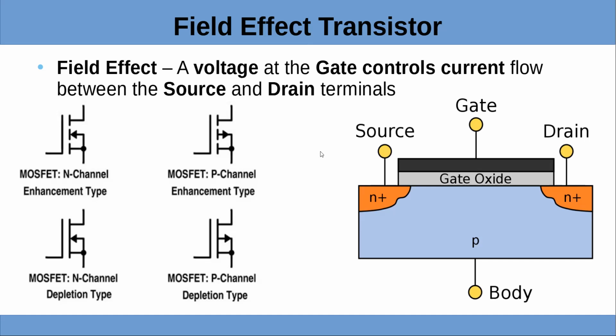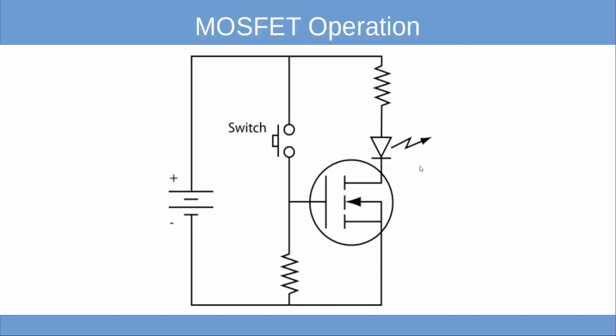At least not for a technician. This is just showing a simple operation of a MOSFET as a switch. So if we apply a positive voltage to the gate, we're going to get current flow between the drain and the source and light up this LED.